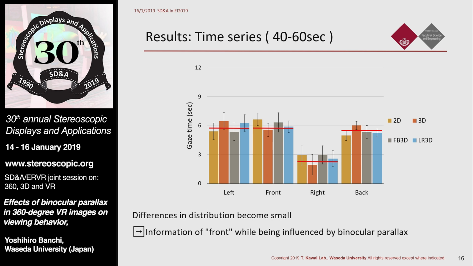Although significant differences were recognized, it is thought that the similar gaze distribution appeared due to the information of front, while being influenced by binocular parallax because the distribution differences became small.